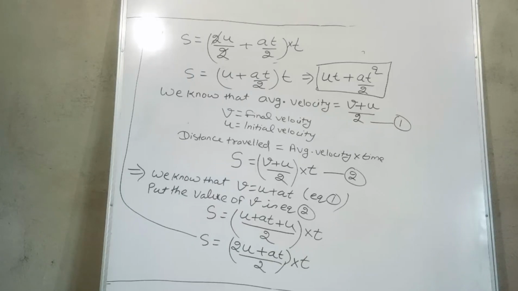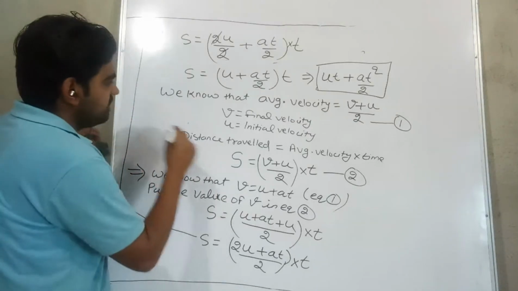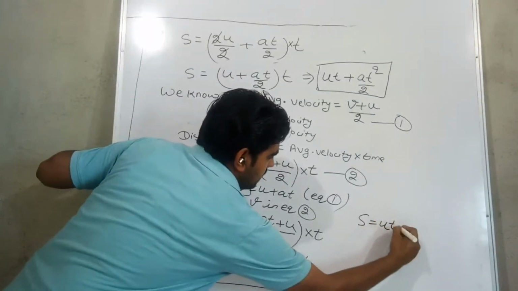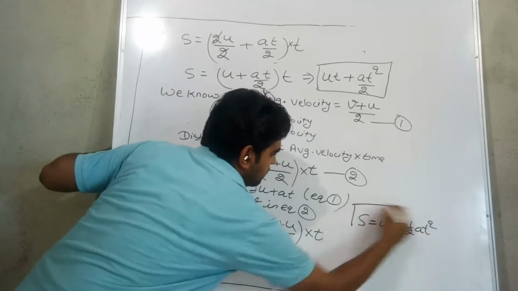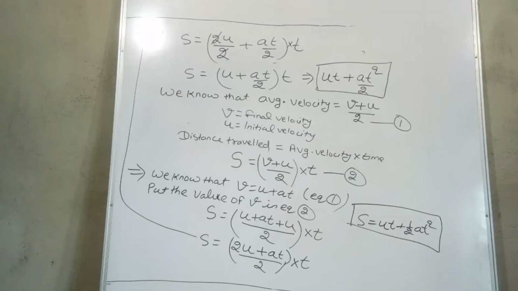So we can write down this equation here. The final equation is s equals ut plus half a into t square. Here s is the distance traveled, u is the initial velocity, t is the time, and a is the acceleration.